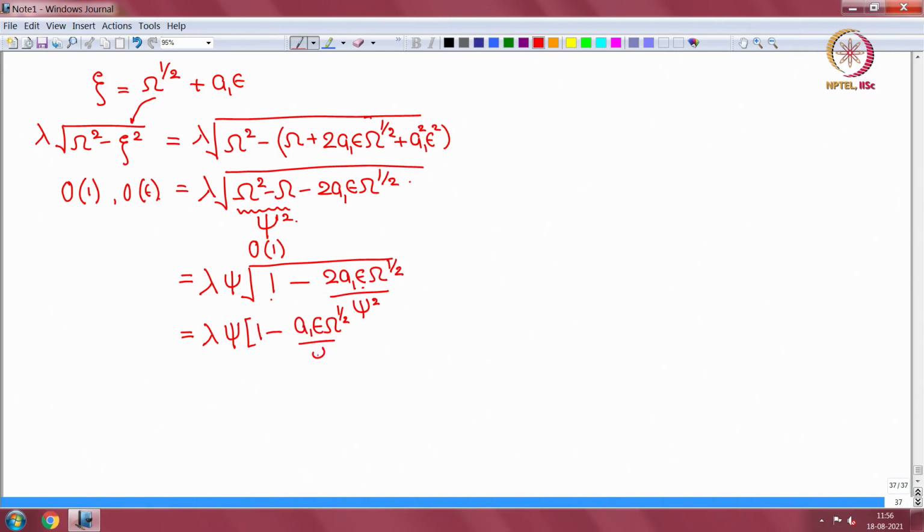So I get a half in front which cancels with 2. This is what happens, right? Root of 1 minus epsilon is 1 minus epsilon by 2. That is what I have done. So this term here with this substitution has ended up like this.